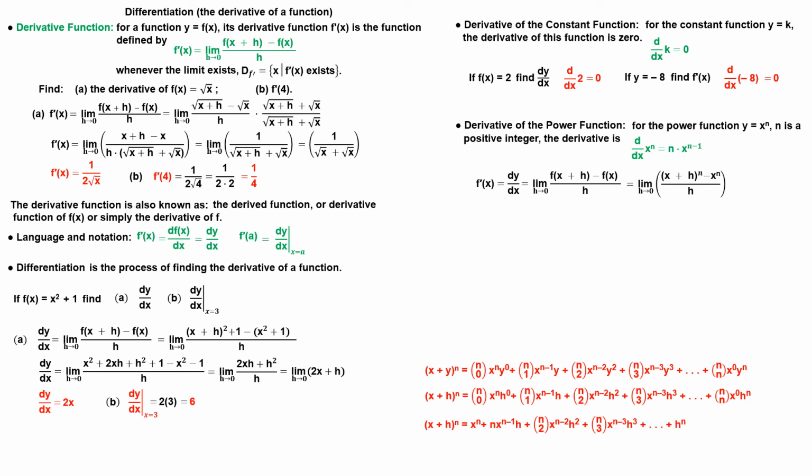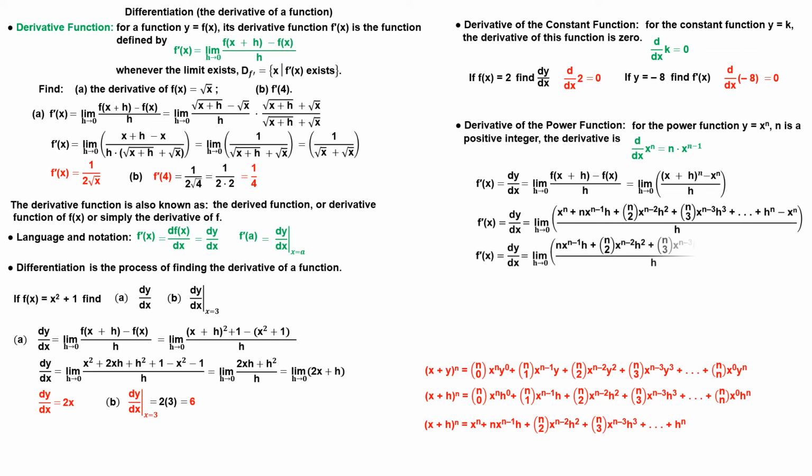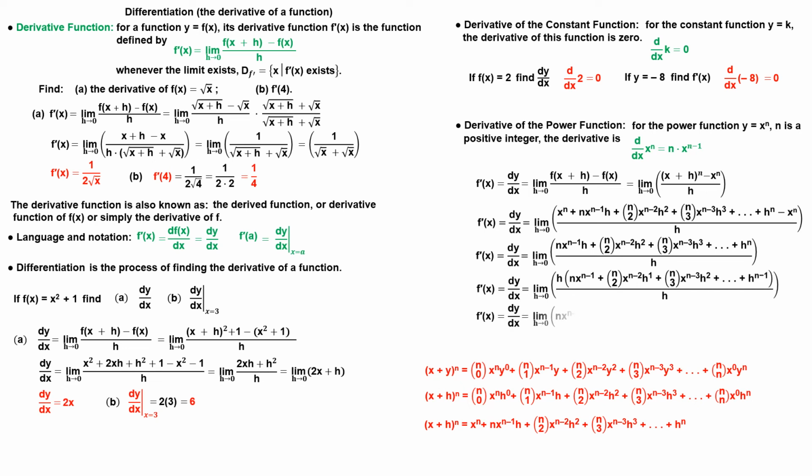After simplifying and factoring the numerator, we have that every term has h as a factor except the first, so we obtain the following.